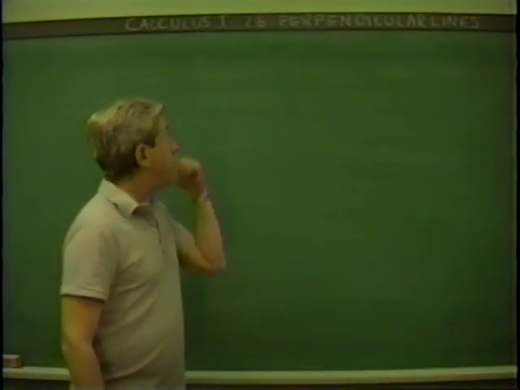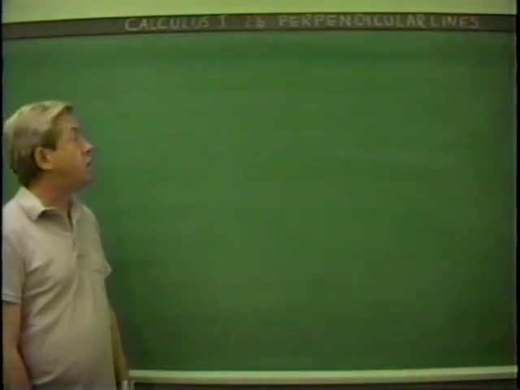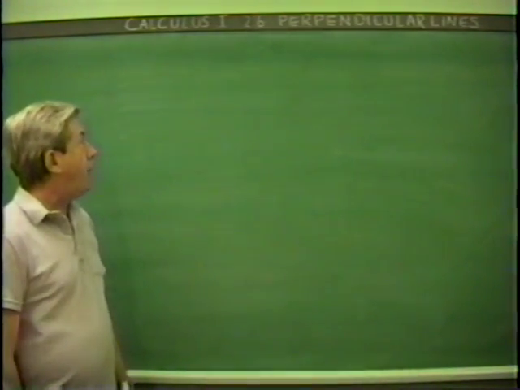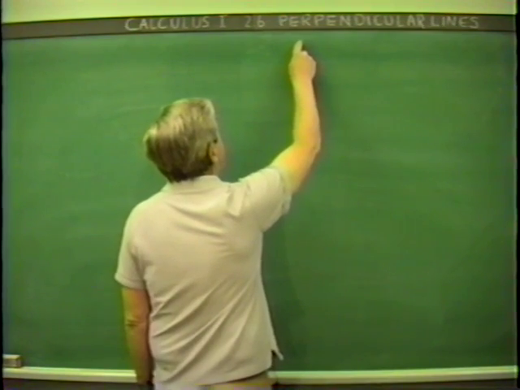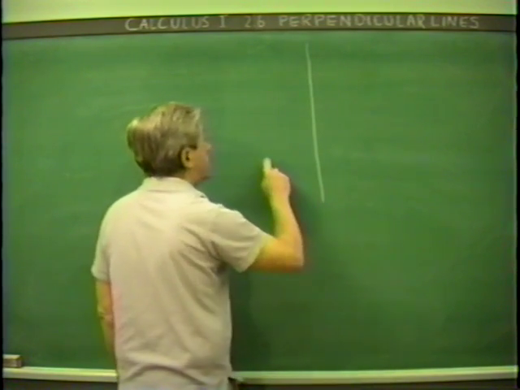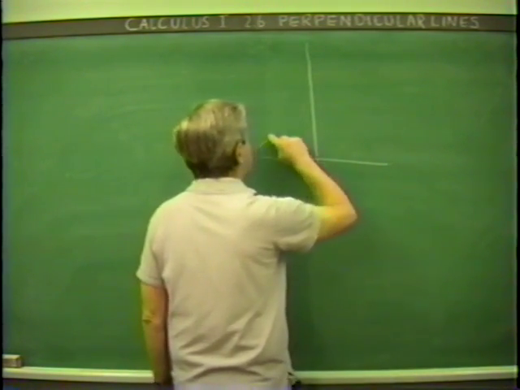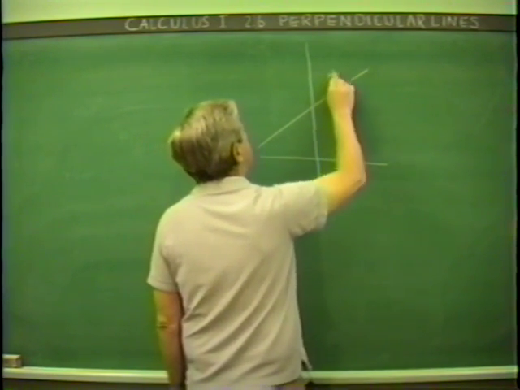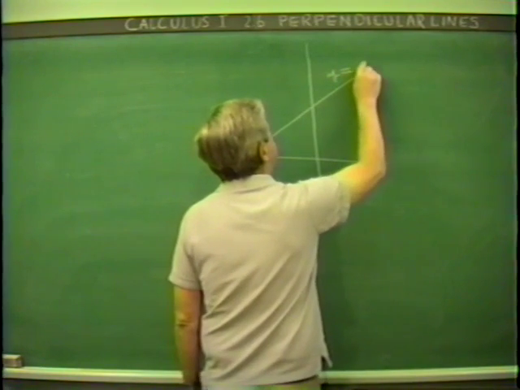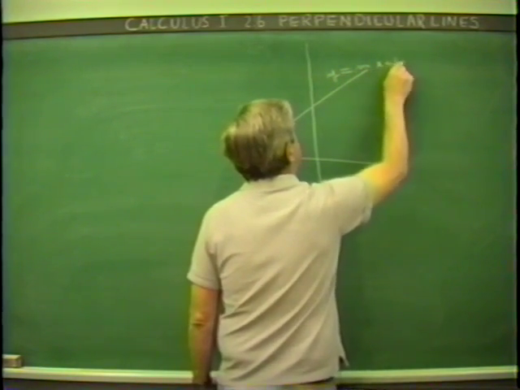All right, we want to consider a situation where two lines are perpendicular. First of all, let's consider a line which has a positive slope. The equation might be y equals mx plus b.